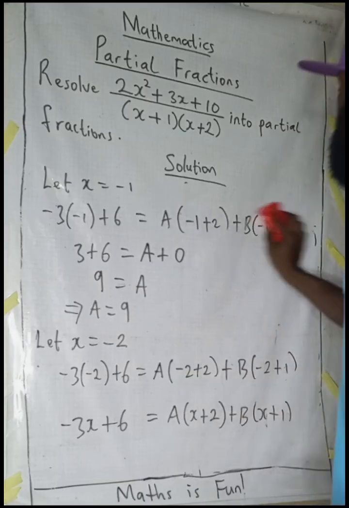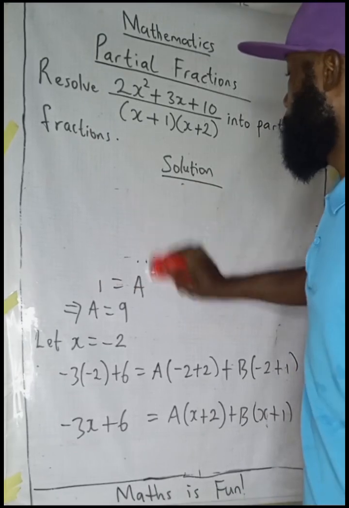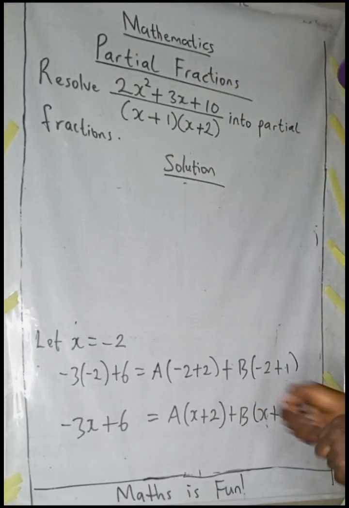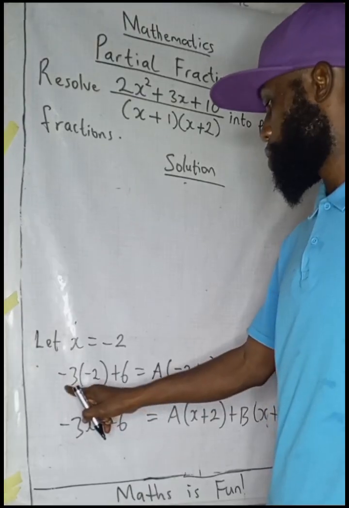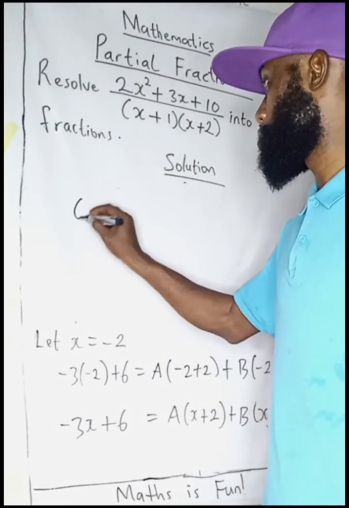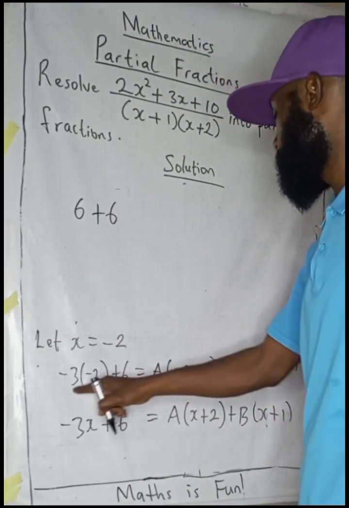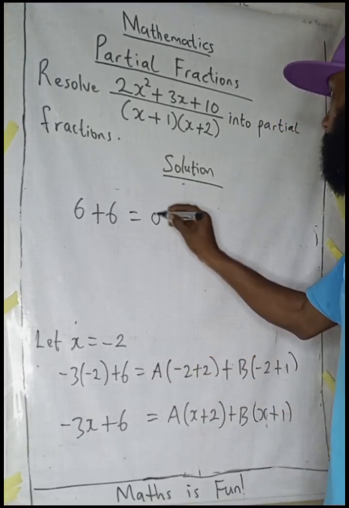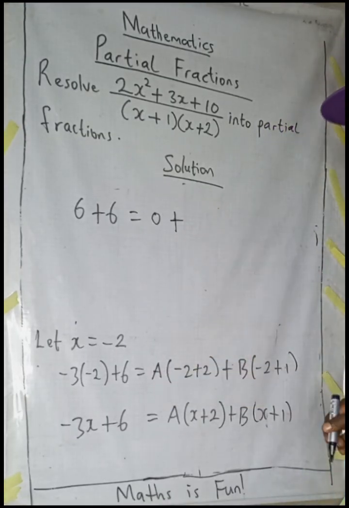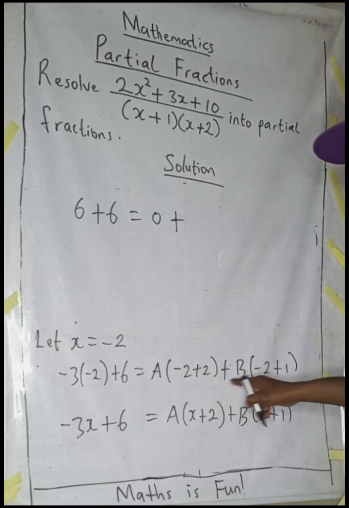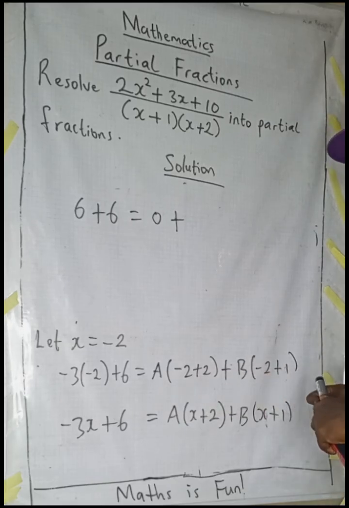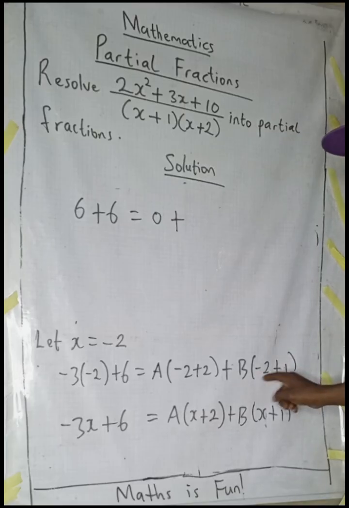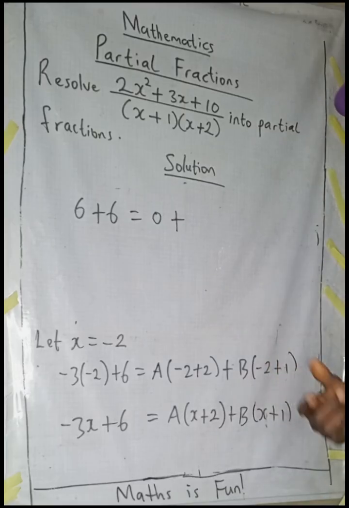So what are we going to have as the value of b? Here will be minus 3 times minus 2 is 6. 6 plus 6 is what we have here at the left. Then on the right we have this is 0, plus b times minus 2 plus 1. It's like saying 1 minus 2, which is minus 1.